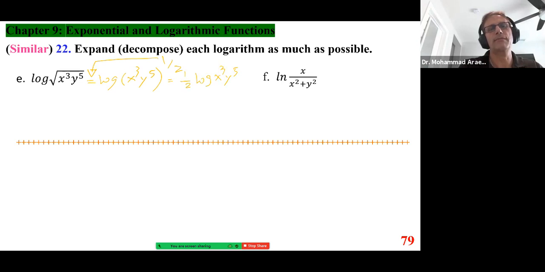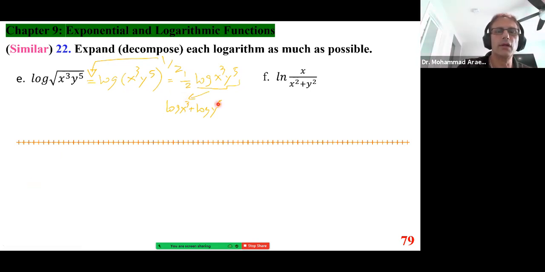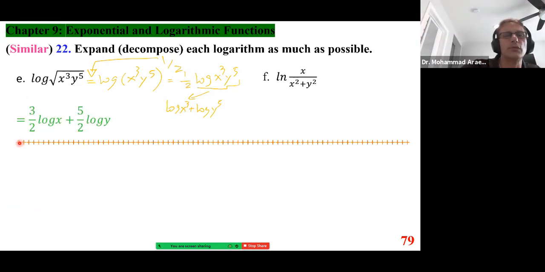And this piece is log of x cubed plus log of y to the power of 5. We bring the 3 in front, we bring the 5 in front, and don't forget there's a 1/2. So 3 in front times 1/2 is 3/2. 5 in front times 1/2 is 5/2. This is your final answer.